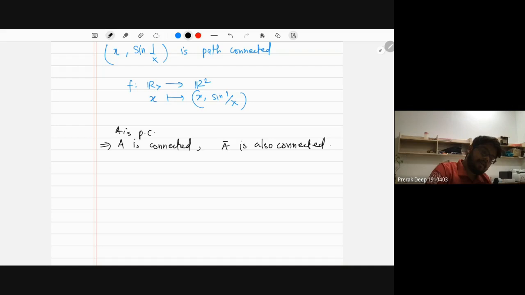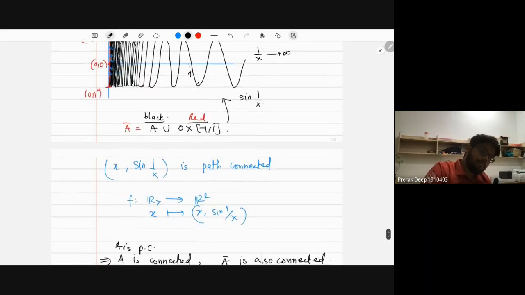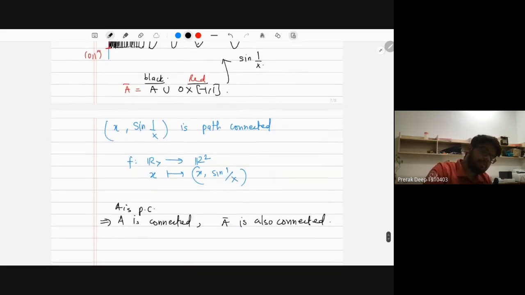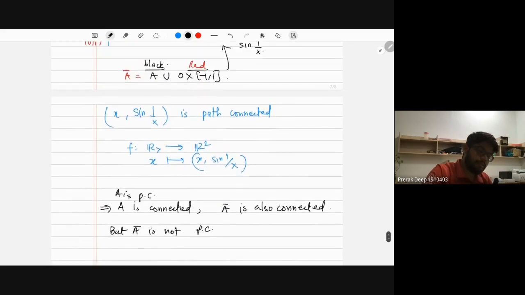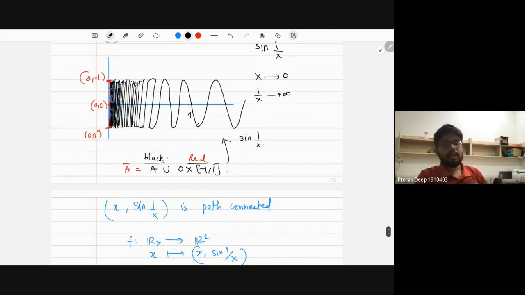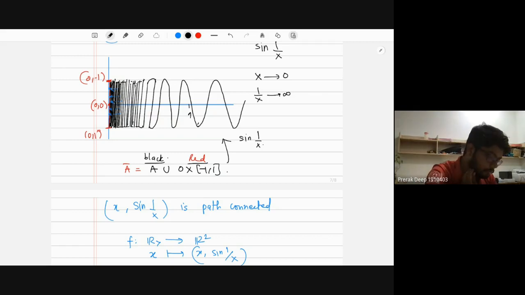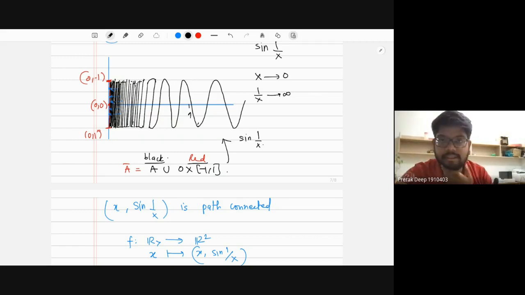So A closure is connected, but A closure is not path connected, because you can't find a path between the interval on the y-axis and the graph. Okay, is this clear?